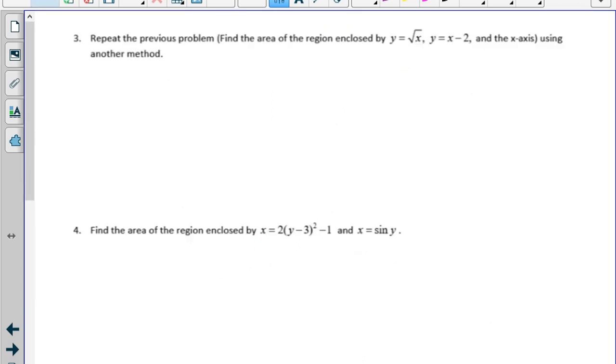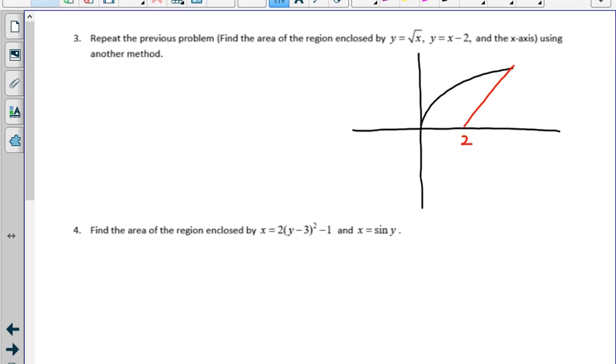On the back, we're going to repeat the previous problem using another method. Now, I haven't taught you another method yet, but what I'm going to do here is, if I take this exact same situation that I had, if I have a picture that looks something like this, what I can do instead is, instead of having this break up here, and I have two separate regions that are done in terms of x, where I'm doing all of these little vertical rectangles that I had when we learned Riemann sums.